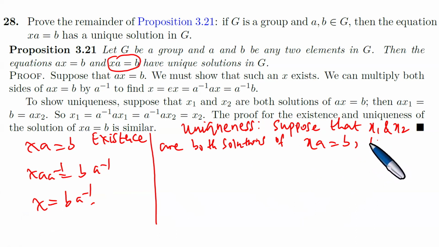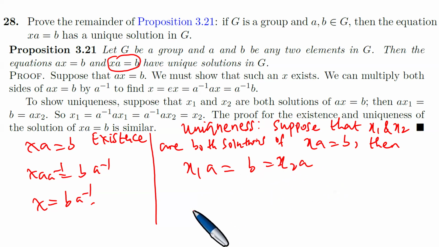Right, then it means that whenever you have x1a equal to b, but also there is another solution x2a that is also b, which means x1a is equal to x2a.